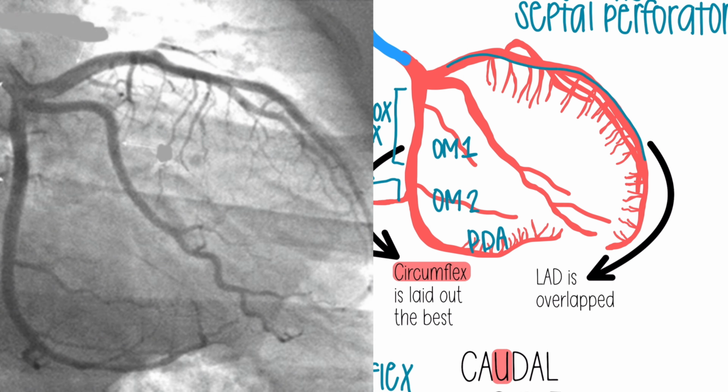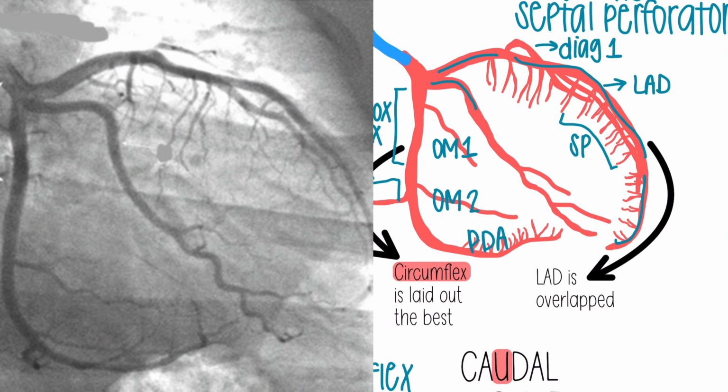This right here, I know there's a lot of overlap here for the LAD, and that's normal in the caudal view because the caudal view is for the circumflex, right? So over here somewhere is the LAD, and then I will go ahead and tell you this is the diagonal one. And then these little hair things are the septal perforators, and you can designate proximal LAD, mid LAD, and distal LAD.